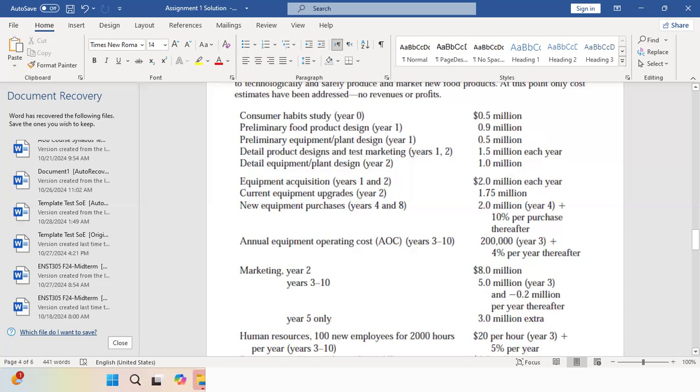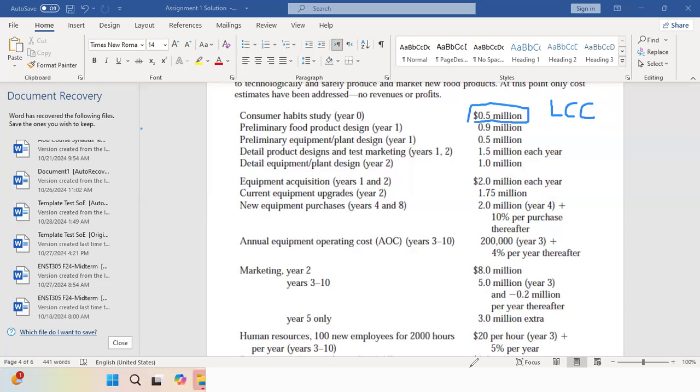Okay, so let us see here first. For the consumer habits study, we just need at year zero, $0.5 million. You know that in LCC, we will evaluate the net present value of all costs. In economy, we have several techniques. Sometimes you just have to fix a time.